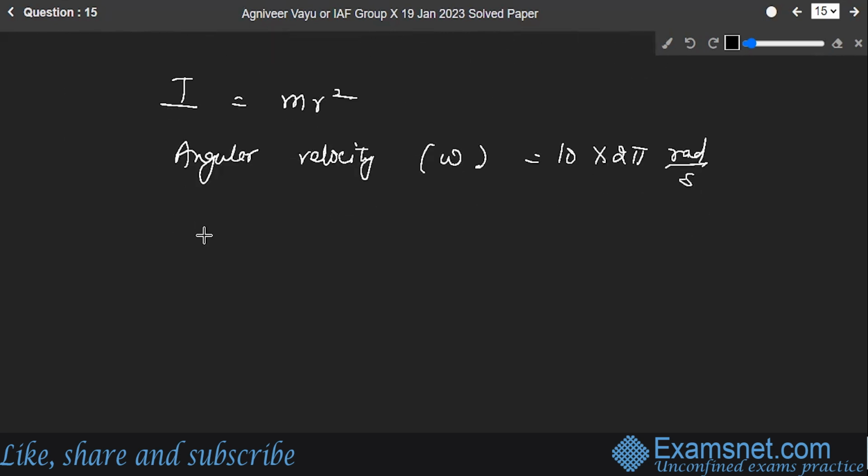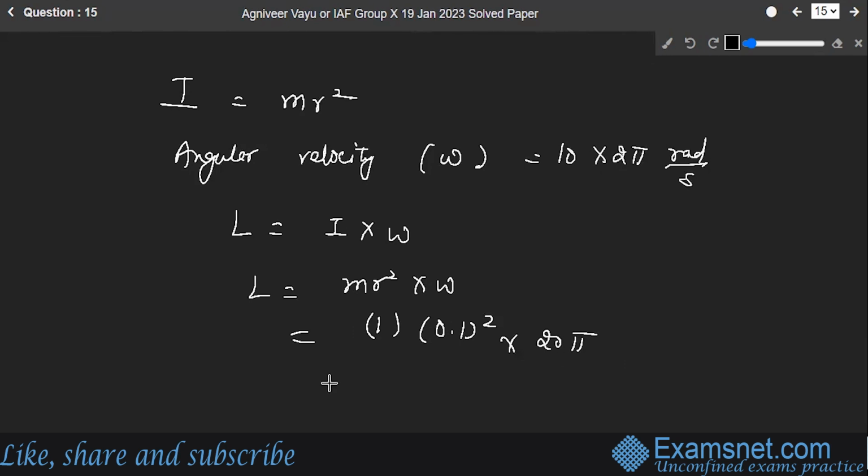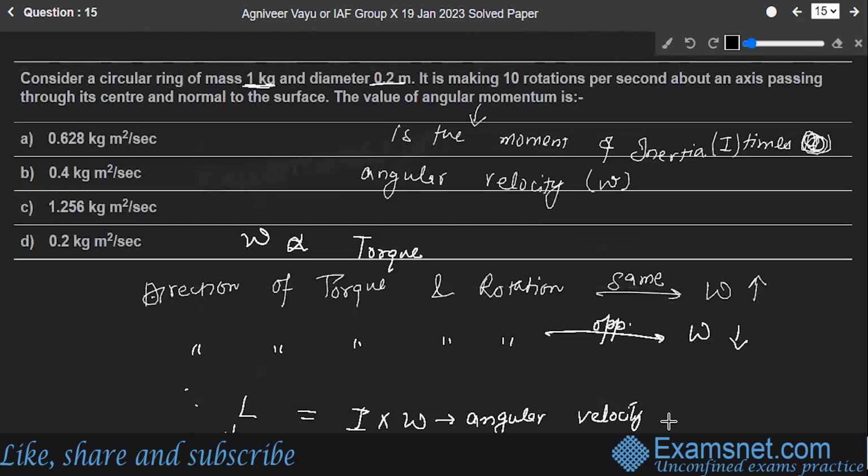Now the angular momentum is equal to I into omega, which means L is equal to mr square into omega. So this is 1 into 0.1 square into 20 pi, which is equal to 0.628 kg meter square per second. So this makes the answer 0.628. This is option A.